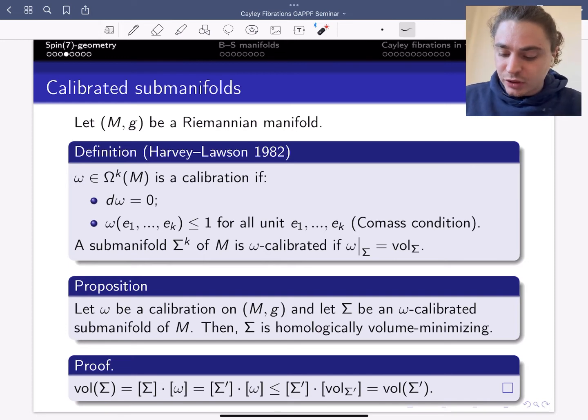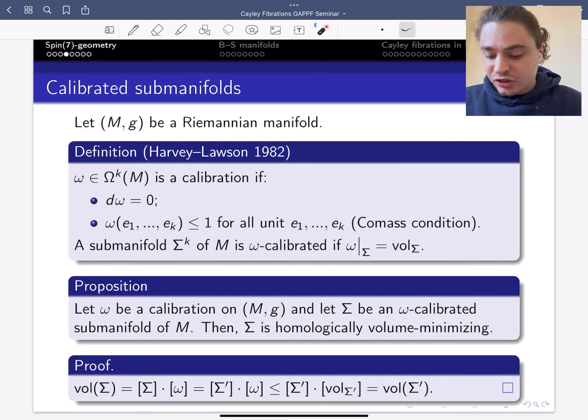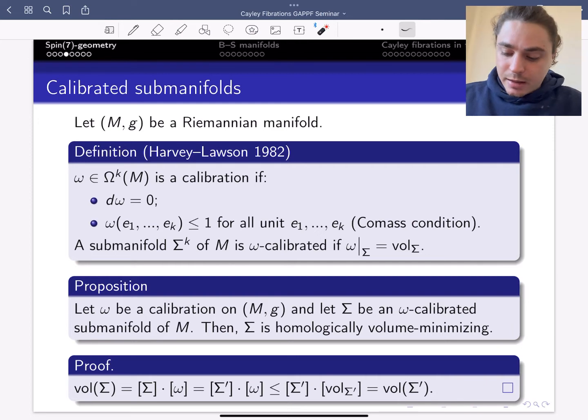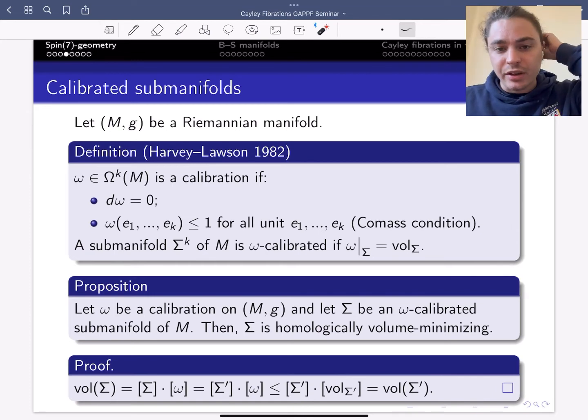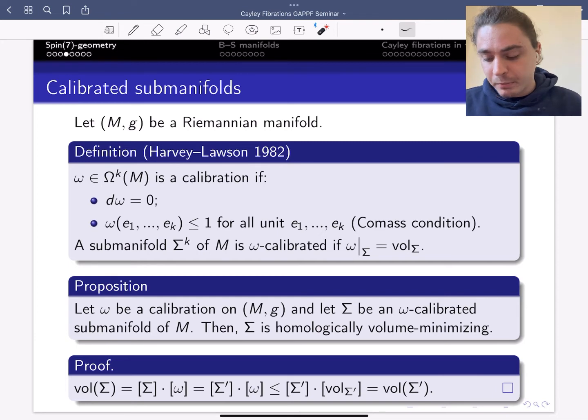So the proof goes as follows. We start from the volume of sigma. The volume of sigma is just the integral over sigma of omega. The reason for this is the calibrated condition. Instead of omega, we should put the volume form of sigma, but they are equal, they agree.